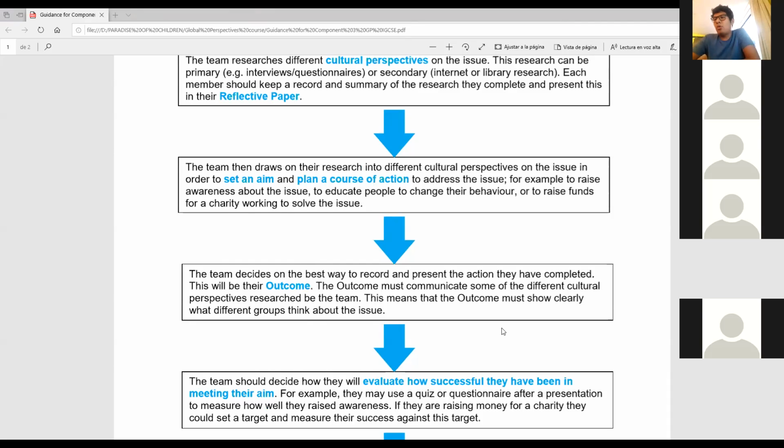For example, if you want to feed people, homeless people, you have maybe 2 ways of doing it: by raising funds, raising money, or getting donations of food. Okay, you're going to select a name and plan a course of action.